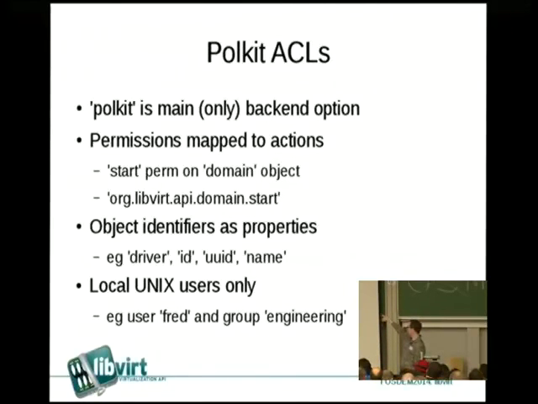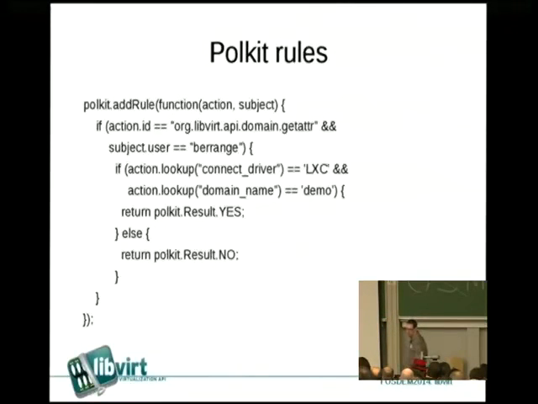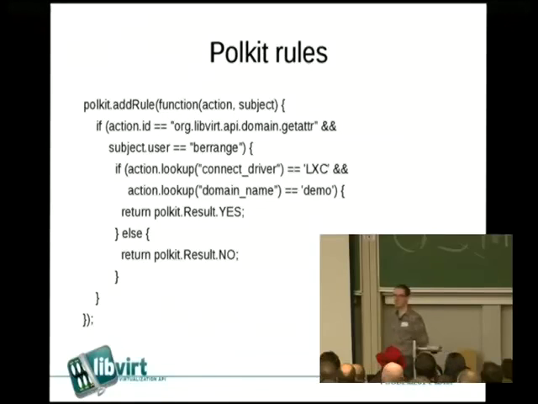But once you have all that information, the permission, the object, and the user, then you can go about defining some rules for managing it. PolicyKit has a JavaScript backend, so your actual access control rules are written in JavaScript, and there are a number of objects provided to you. There's an action object, which tells you basically what API is being invoked.